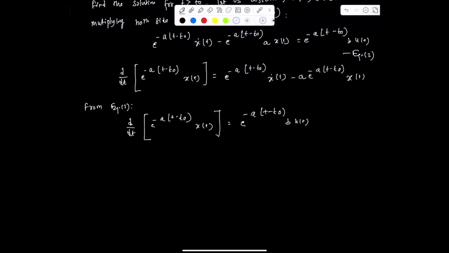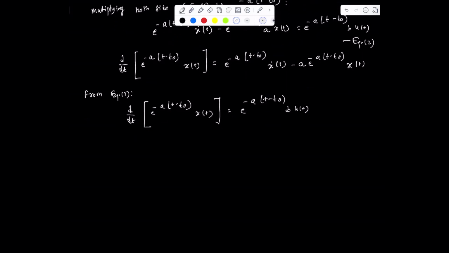It should be noted that in most aerospace applications, you can say flight applications, we assume t naught to be 0.